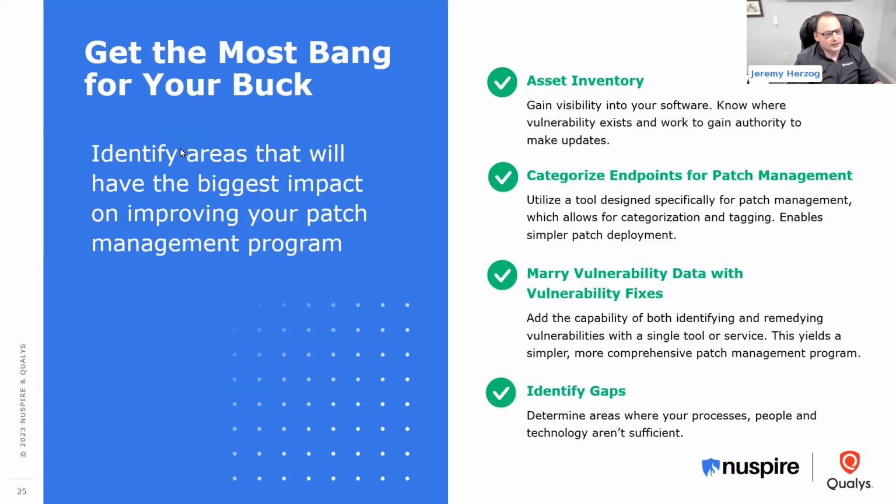The third benefit that we bring is we marry up the vulnerability data with the actual vulnerability fix, the patch, right? That one-for-one mapping is incredibly powerful a lot of times because it just yields the information that comes out of your vulnerability management platform. When you marry it up to the actual fix, it puts in stark contrast what you have done and what you haven't done very quickly and easily.